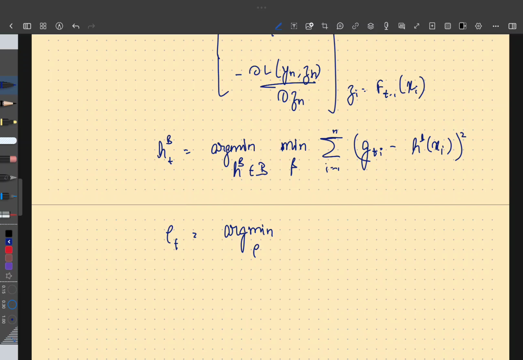So you take the arg min over rho of the summation i equal to 1 to n of the loss function between yi and f t of xi plus rho times h t b of xi.